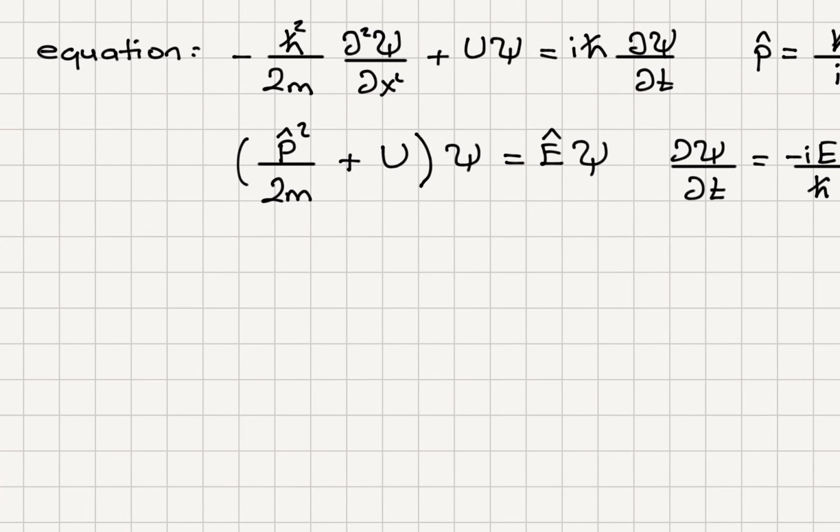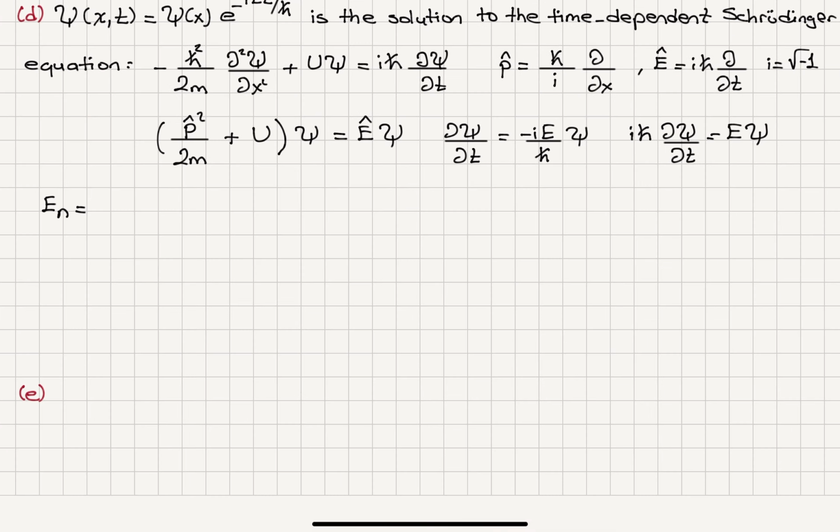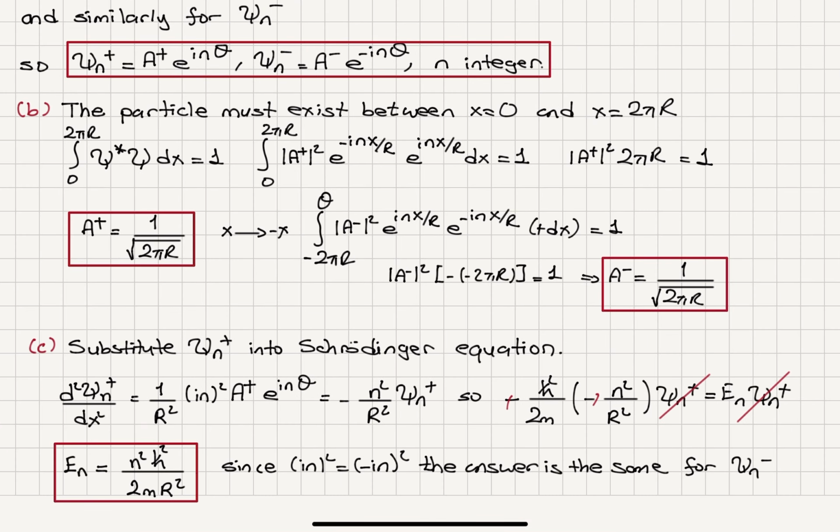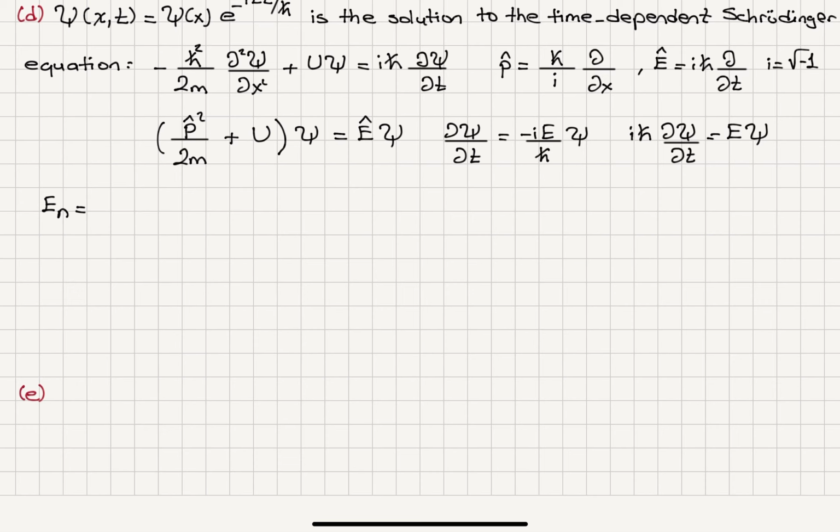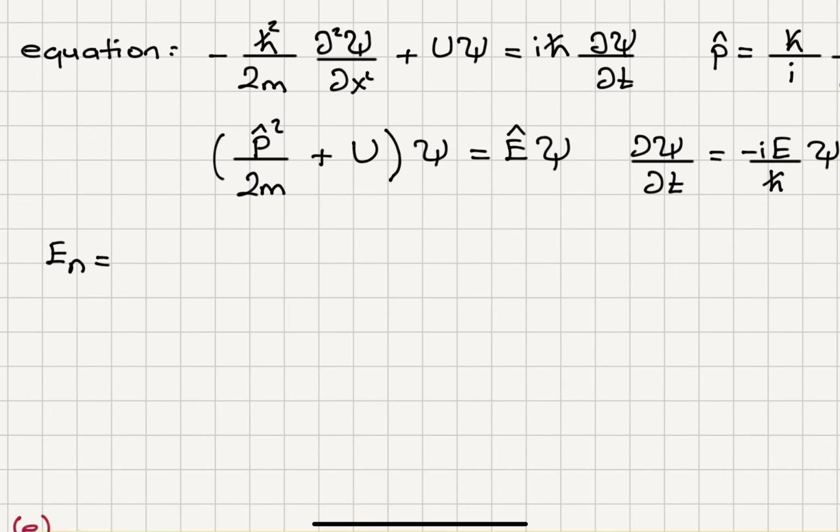So the energy levels E sub n are related to the ground state energy. Remember, they're proportional to n squared. So it's the n equals 1 solution multiplied with n squared, is how I can write the energy levels.